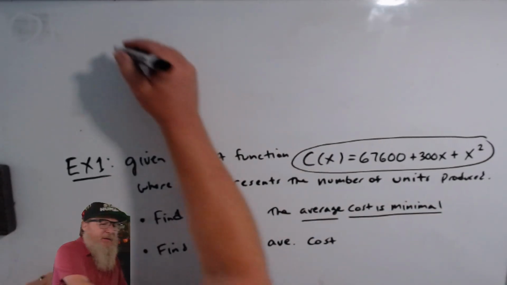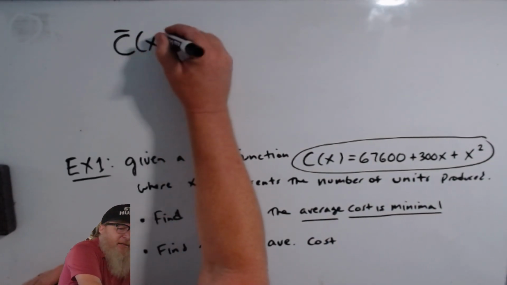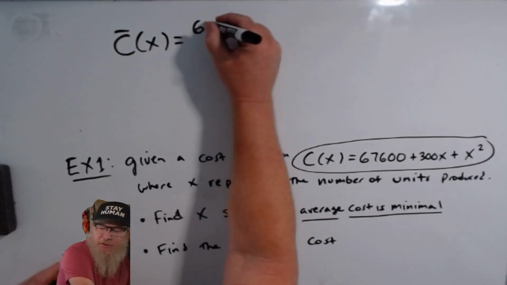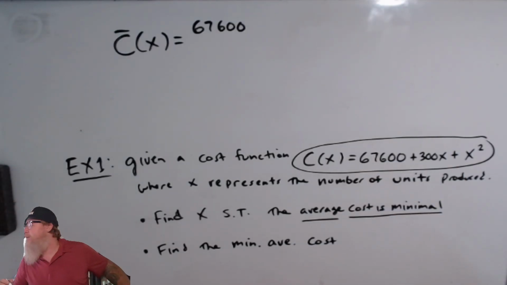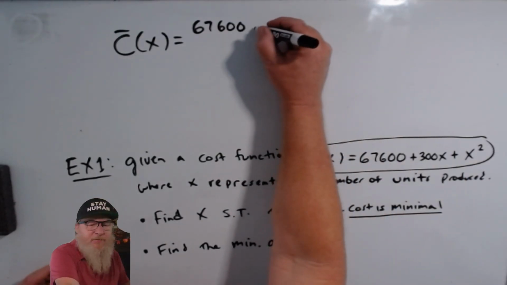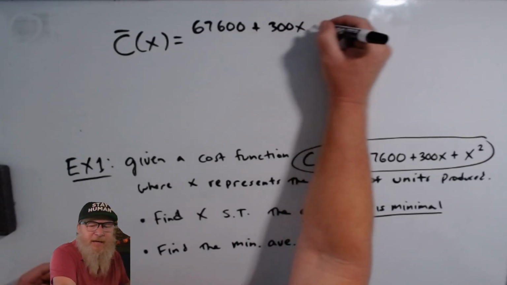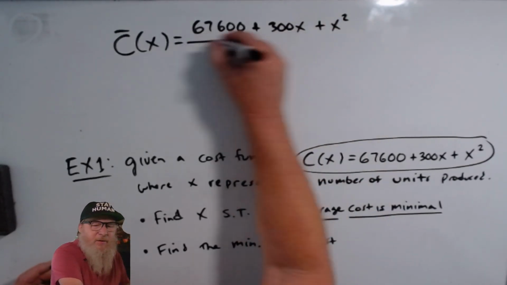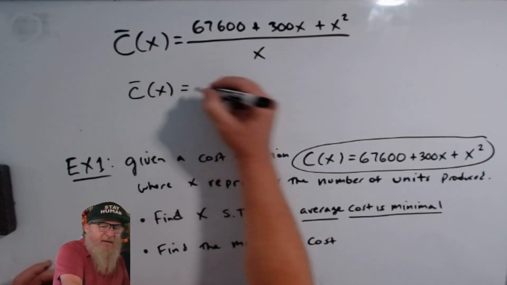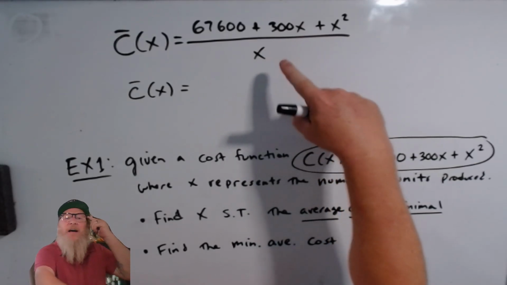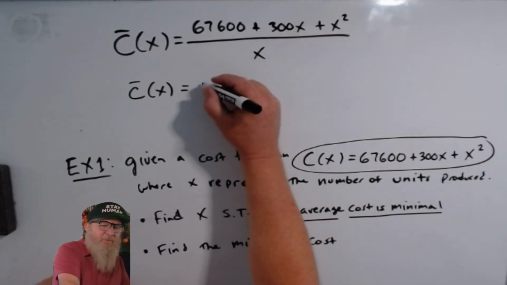All right, let's get right into it. So average cost is the cost function, 67,600 plus 300x plus x squared, all divided by x. I usually simplify. If you don't simplify, then you have to do the quotient rule.